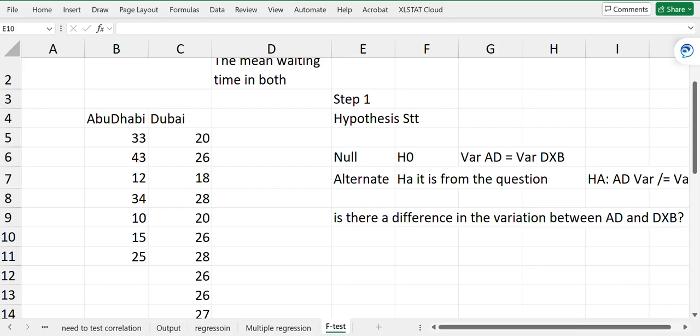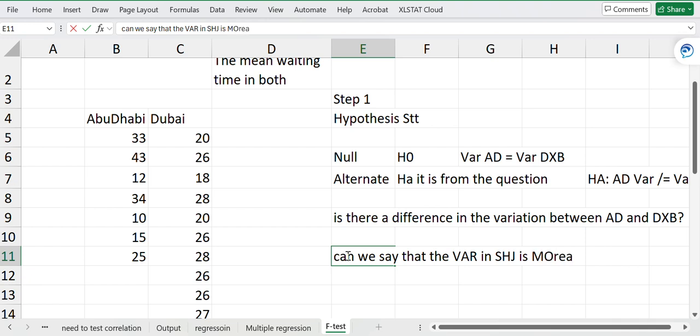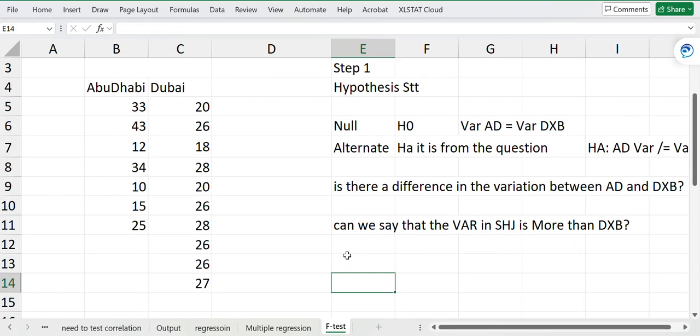Supposing the question goes like, can we say that the variance in Sharjah is more than Dubai? Now the question is asking more than, right? So what will be my alternate?